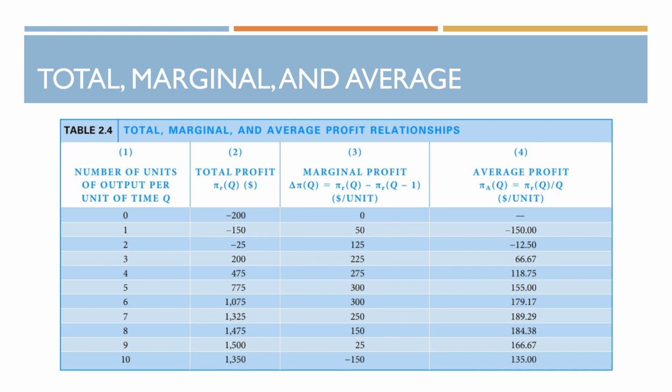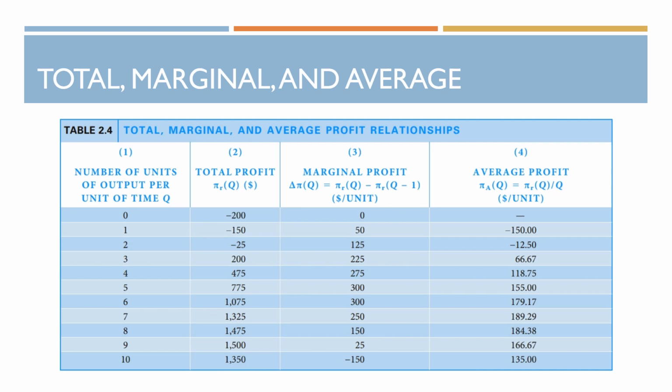Well, in this case, you can see how the total profit most of the time does not tell the true story of the firm, right? So when you are making decisions, you look at, oh, the business will lose $200, $150, or $25 when the firm sells 0 units, 1 unit, or 2 units in the market.